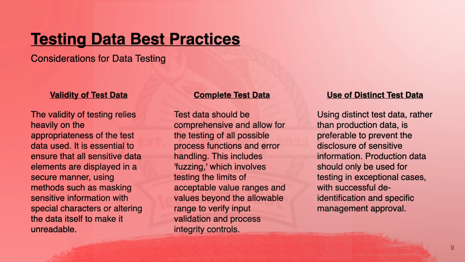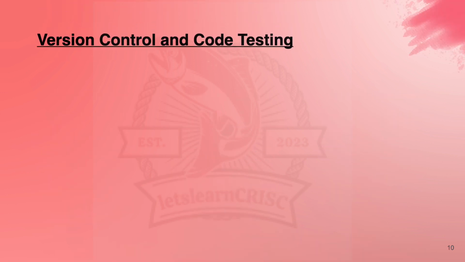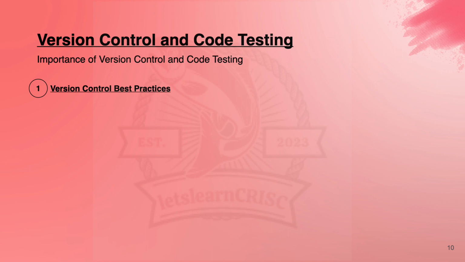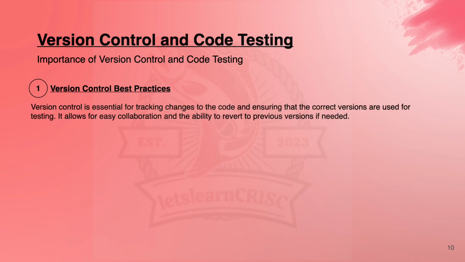Moving next, we'll discuss version control and code testing, and their importance. The first is version control best practices. Friends, version control is like a time machine for code, allowing you to track changes, collaborate effectively, and go back to a previous version if required.